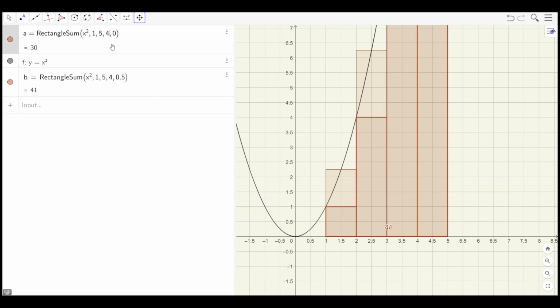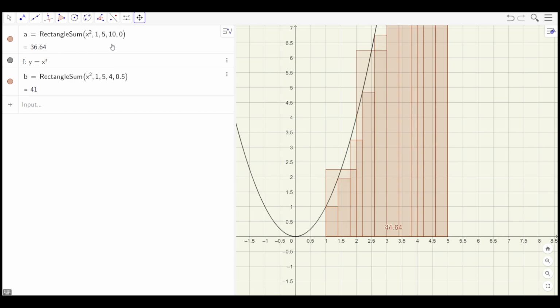Instead of having it 4, let me make it 10 rectangles, and then if I click this one, that is the number. And if I make this one 10, that is the number. So you see, I don't know which one is approaching.